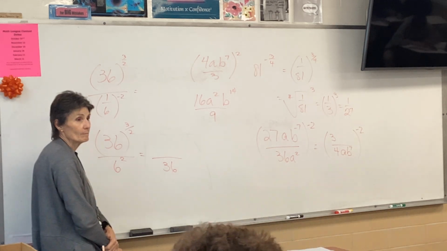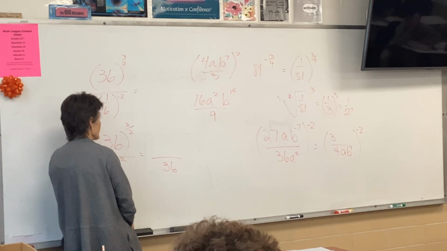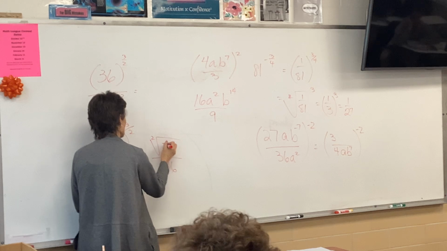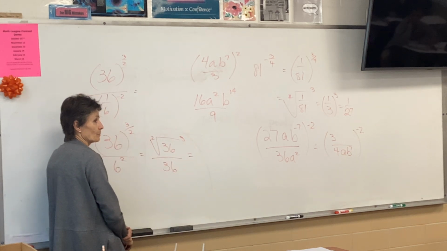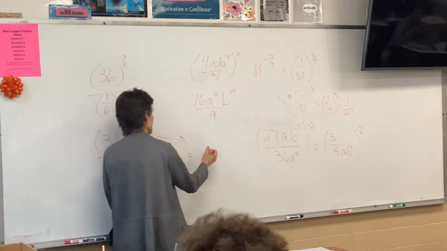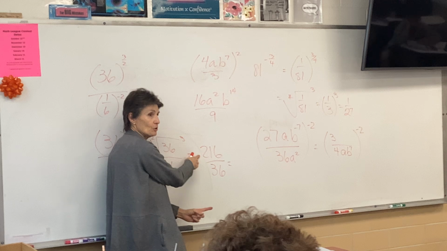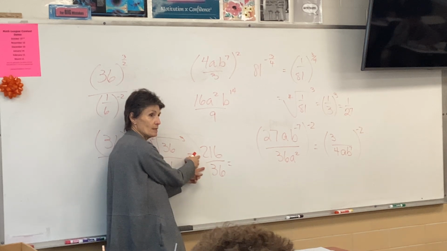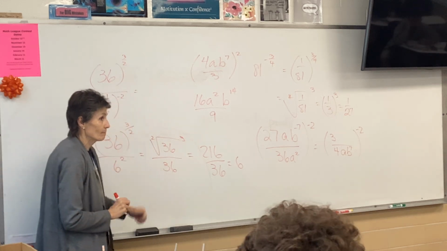Okay, now what? Aubrey? Square root of 36 to the third. Yep, so the numerator is the square root of 36 cubed, which is 6 cubed, 216. And that's 6 cubed, and that's 6 squared. So I'm going to cancel and get 6.